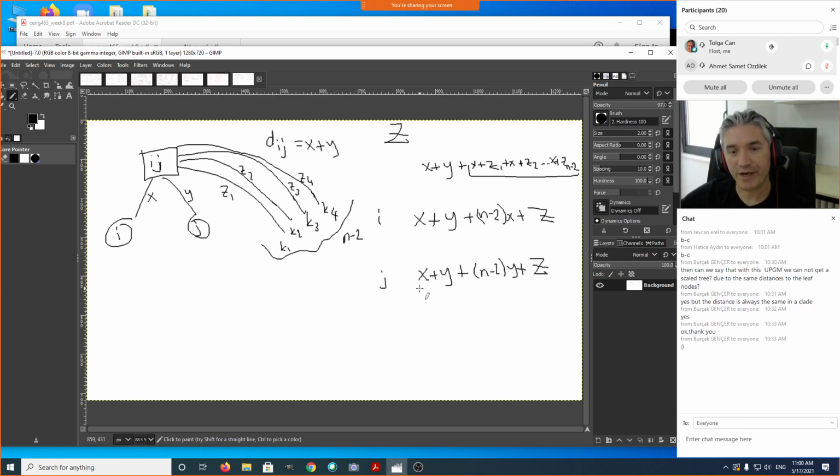Look at these two equations. There are three things that are common: x, y, and z are common in these two equations.